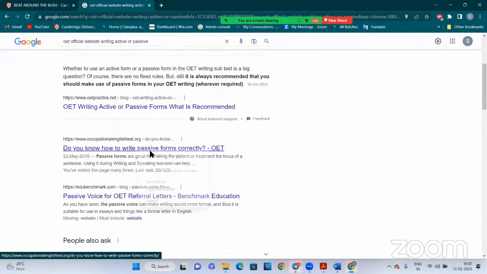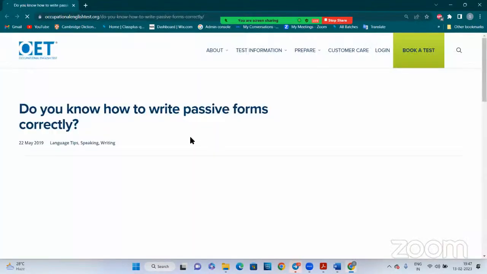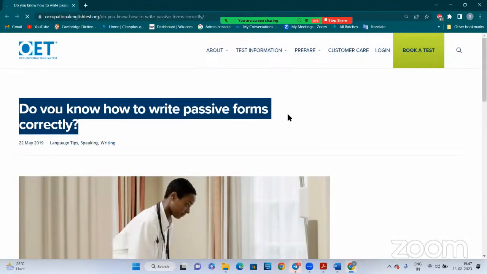Do you know how to write the passive forms correctly? What do you mean by this question? OET is asking you, do you know how to write passive forms correctly?